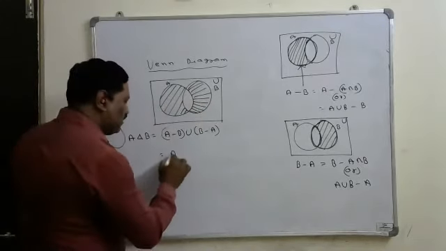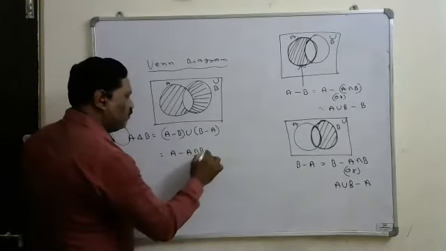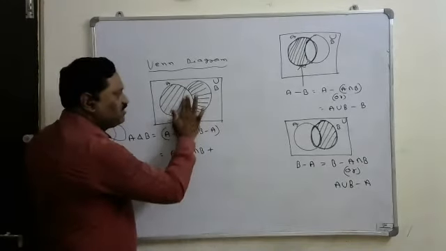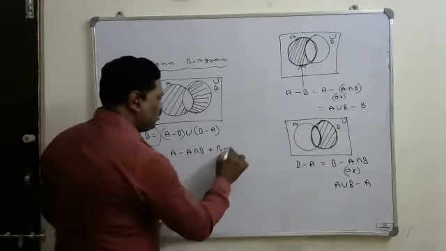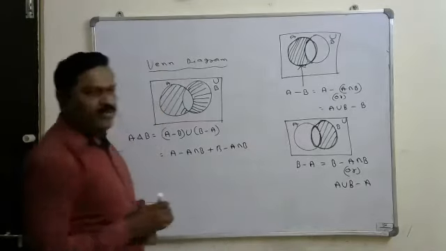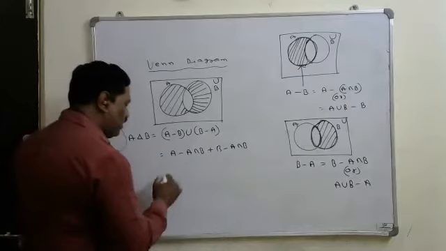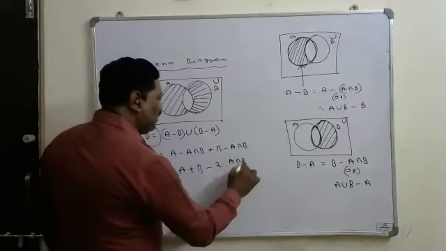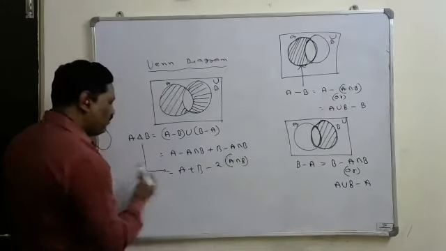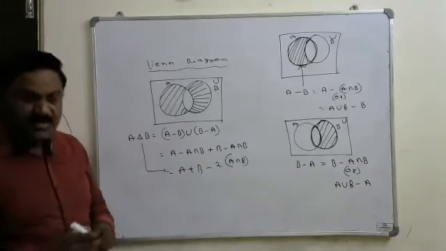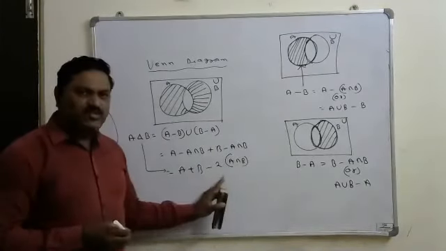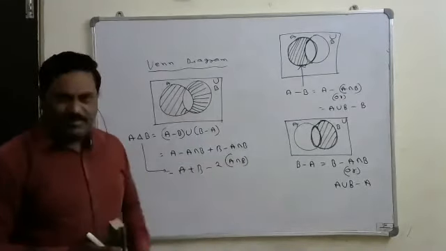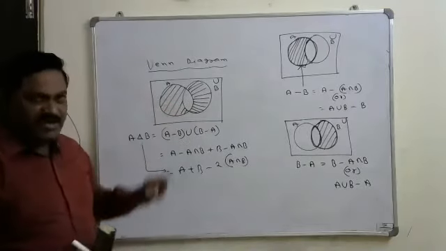That's why you can write A minus A intersection B, plus this hashed area, which means from this entire B, you separate this intersection part, that is B minus A intersection B. So you can write A plus B minus 2 times A intersection B. This is the formula we have to remember for the symmetric difference of A and B: A plus B minus 2 times A intersection B. That is going to be represented by this symmetric difference.